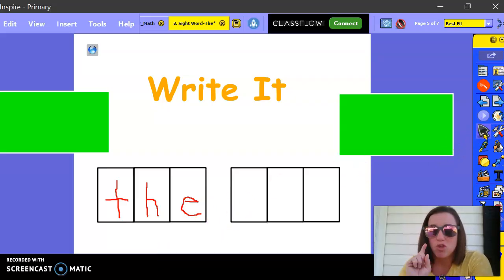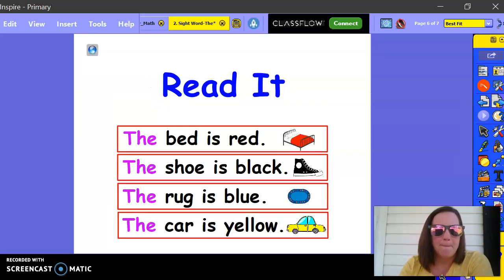Now it's your turn. T, H, E. Very good. Let's read these sentences. Once again, you're going to look at the picture. You can see what it is and what color it is. And then you can help whoever is watching this video with you.